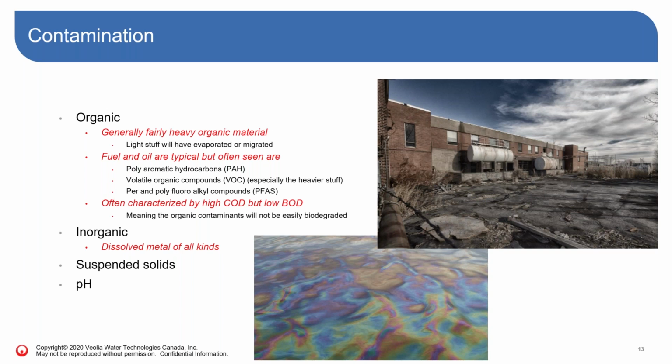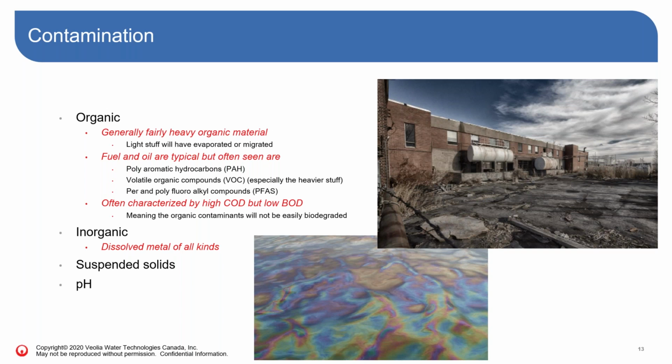We often see fuel, oil, and all kinds of combinations. But often we'll see stuff like polyaromatic hydrocarbons, the PAHs, and volatile organic compounds, not the light stuff. The light stuff, as I said, will have migrated or evaporated, but the heavier stuff.